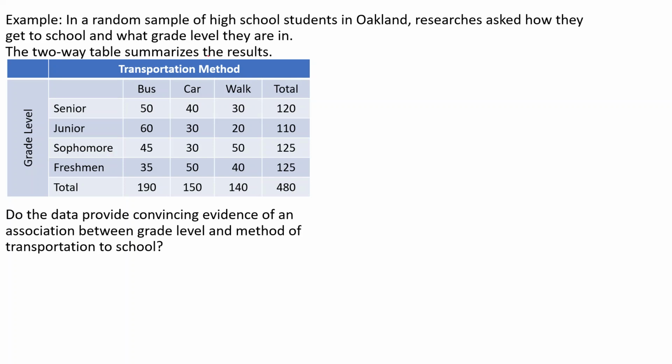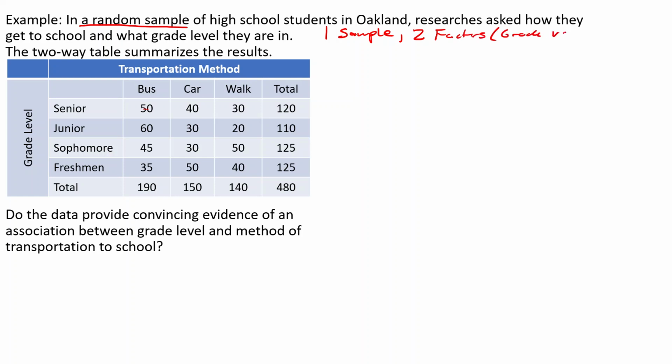Okay, so let's see. We have a random sample. So one sample. And we have multiple rows, so we have multiple factors, it's a two-way table, right? So we have multiple factors. In fact, we have two factors, how they get to school or grade level. So two factors.